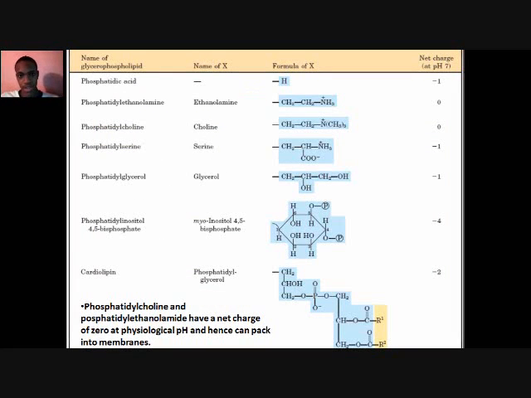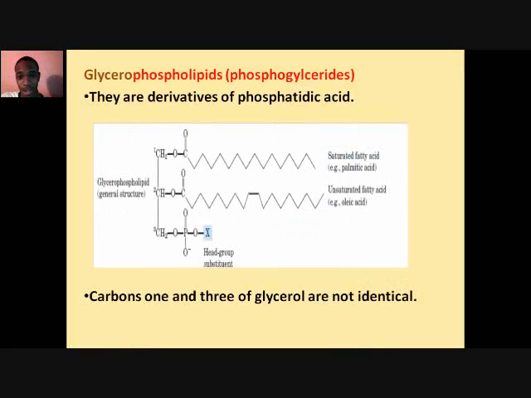Okay, now we have a table here showing what the X could be and what the compounds would then result. If the X is H, as I said 2 times, then it would be known as phosphatidic acid. If the X is this ethanolamine molecule, it is known as phosphatidylethanolamine.